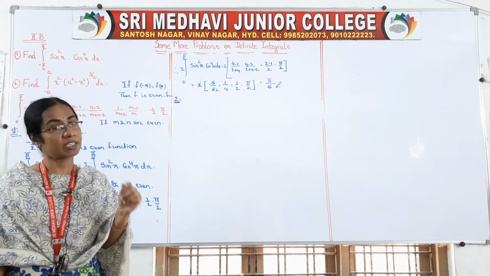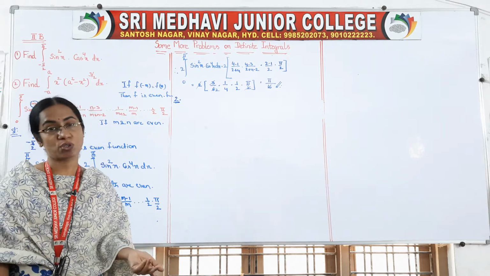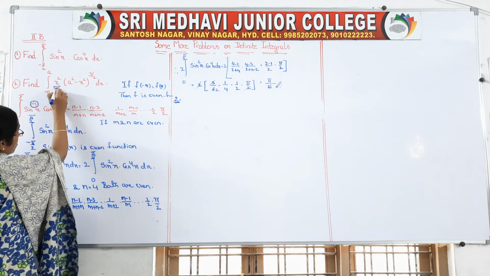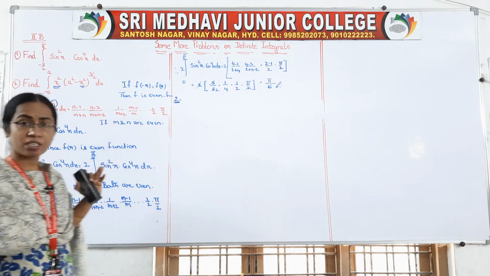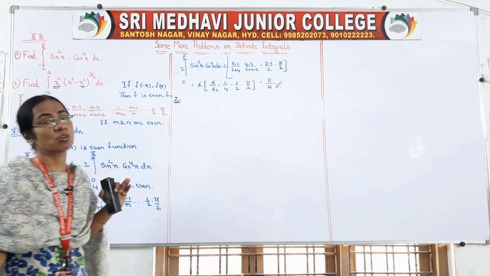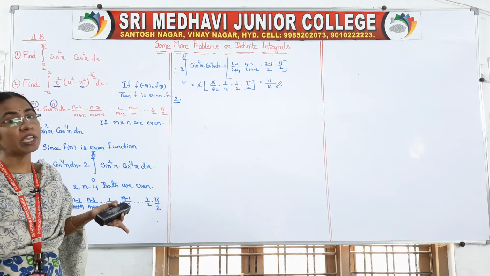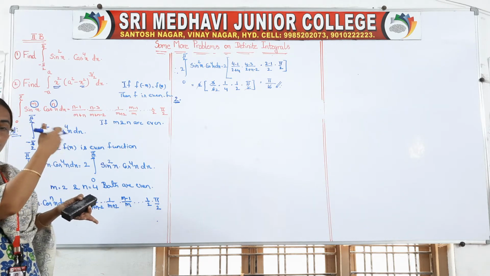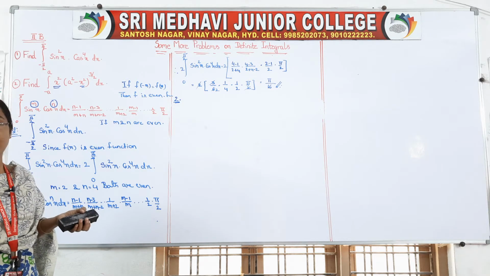In place of x, if we take minus x, its whole square will again be x square only. Whenever in the given function you observe x in terms of x square, in place of x we will substitute minus x, isn't it? So f of minus x is equal to f of x, then that function is said to be an even function. So in place of x, if you substitute minus x, the square is there, so again you will get minus into minus, plus only, isn't it?